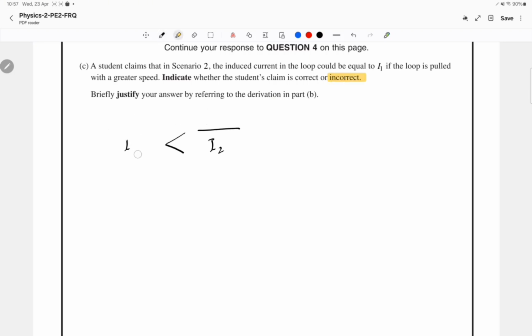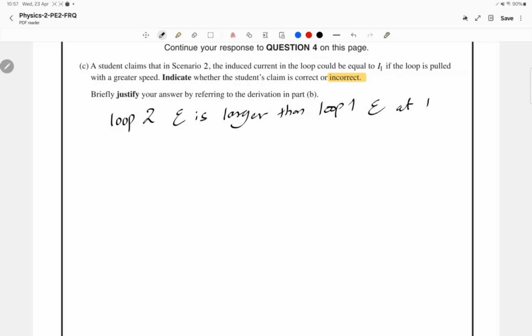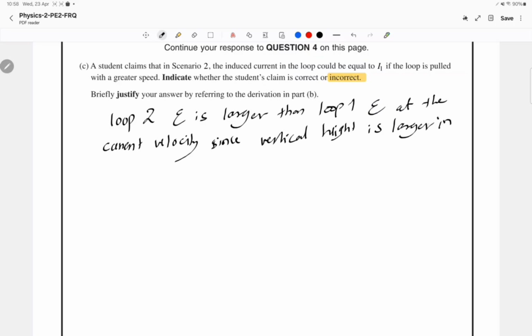Okay. So we're going to say what? We're going to say that loop 2 EMF is larger than loop 1 EMF at the current velocity, since the vertical height is larger in loop 2.